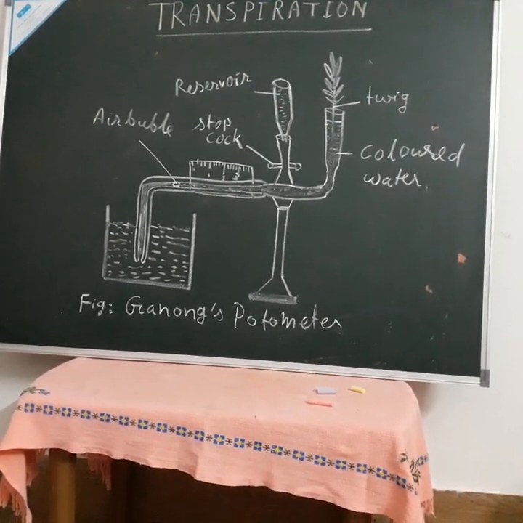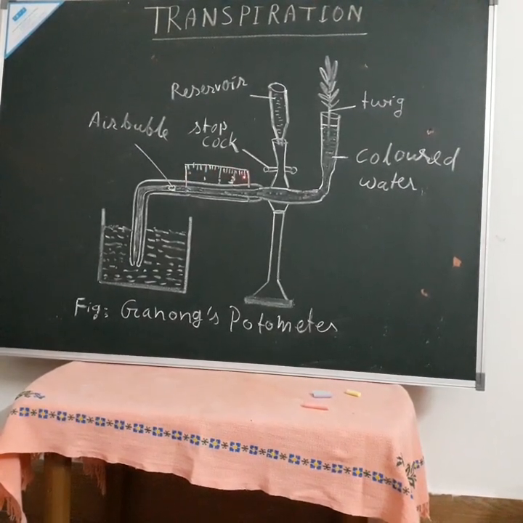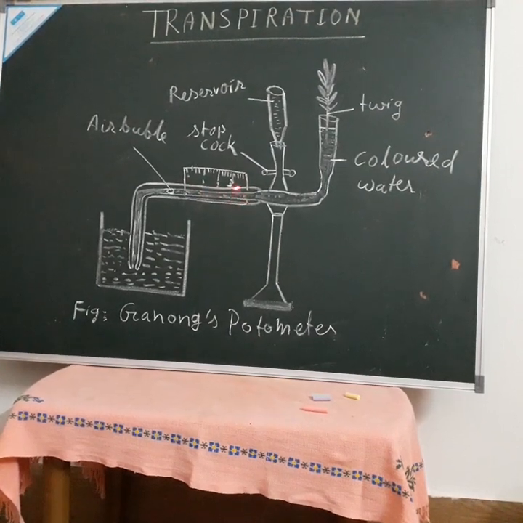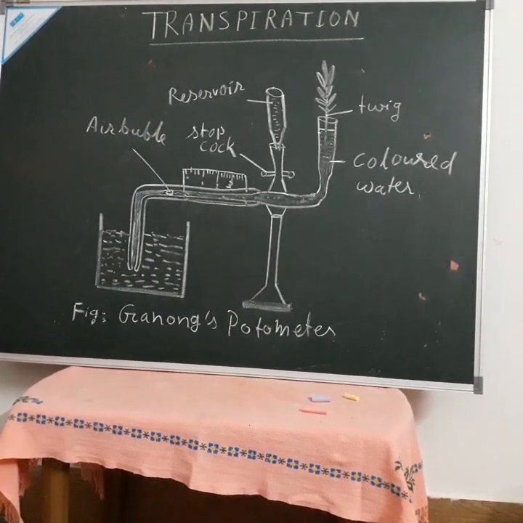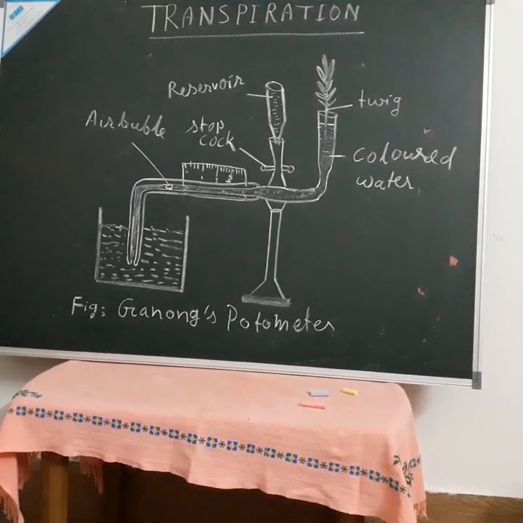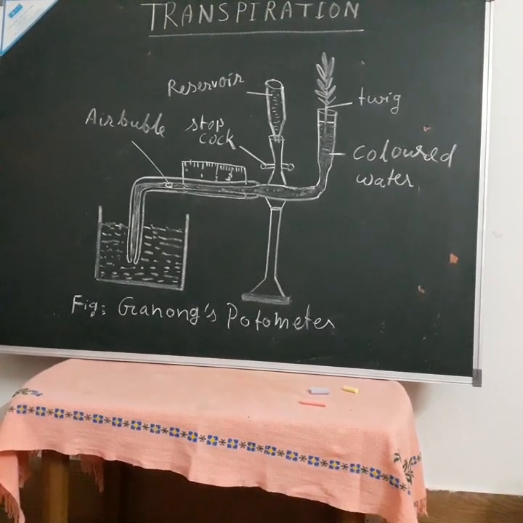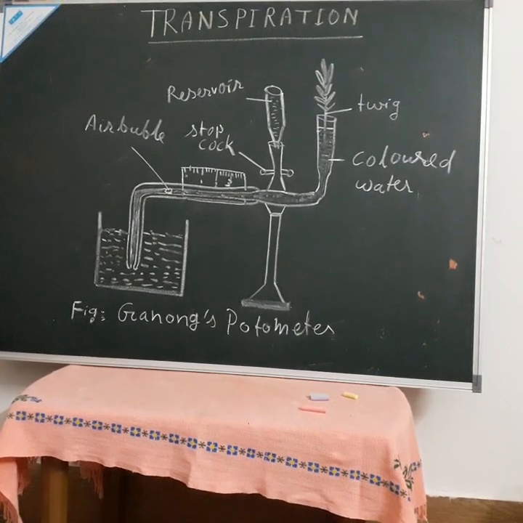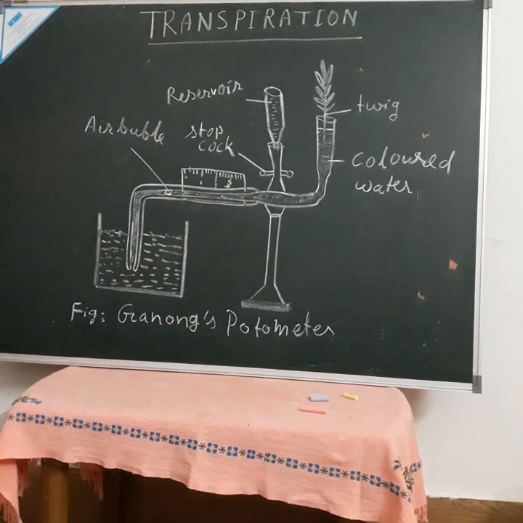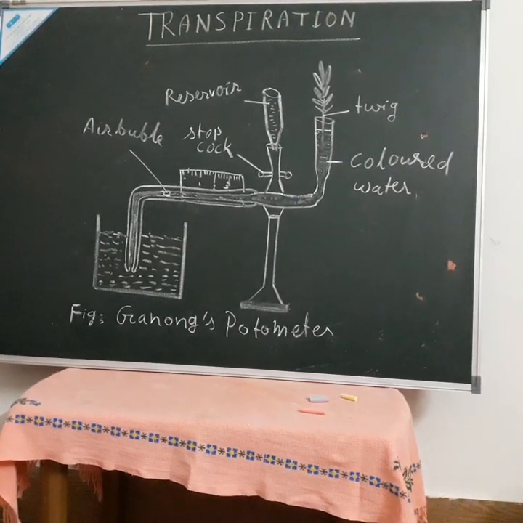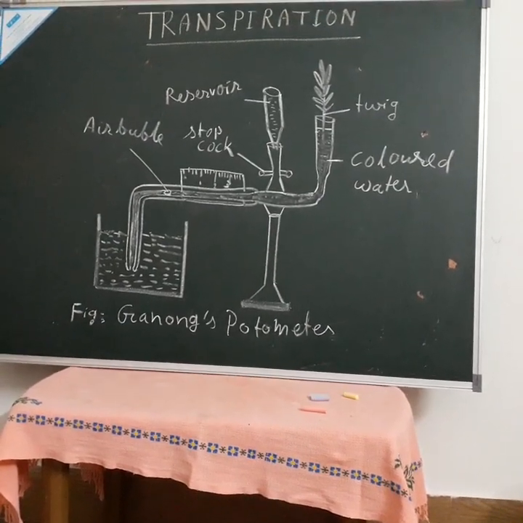And then the reading on the capillary tube, here you can see the graduated scale is fixed here. So the reading on the capillary tube would give the volume of water lost in a given time. The air bubble can be brought back to its original position by releasing some more water from the reservoir into the capillary tube by opening the stop cork.